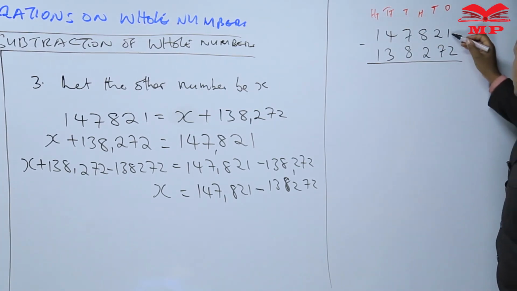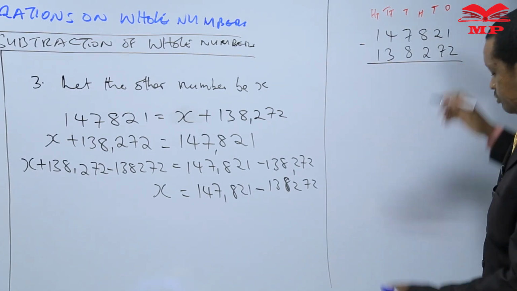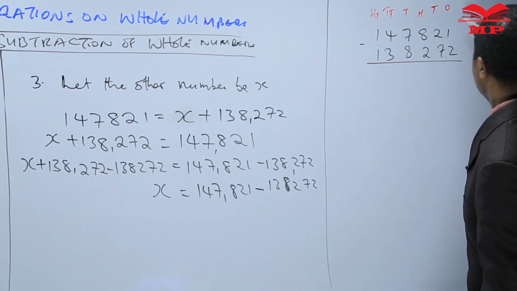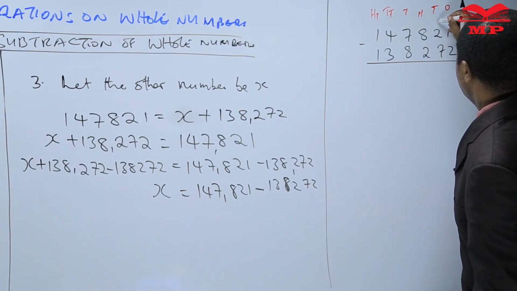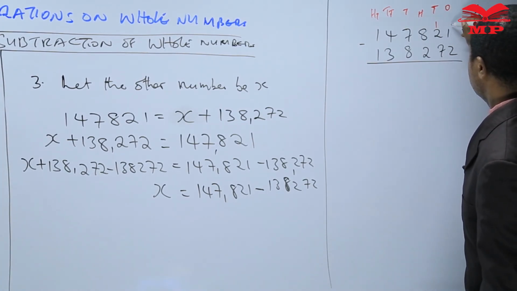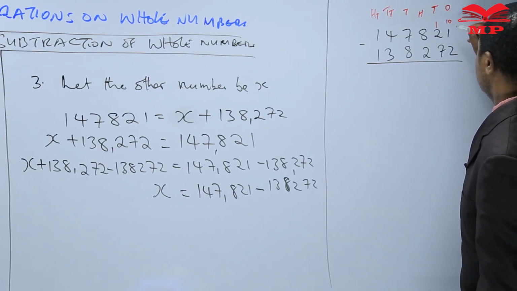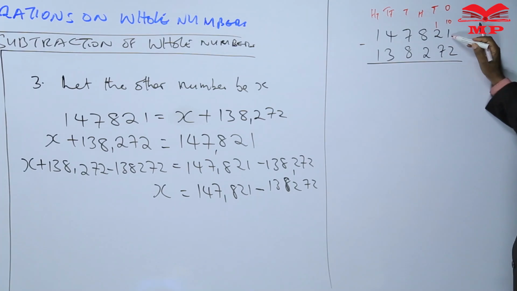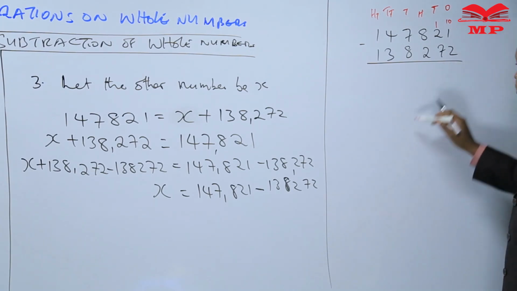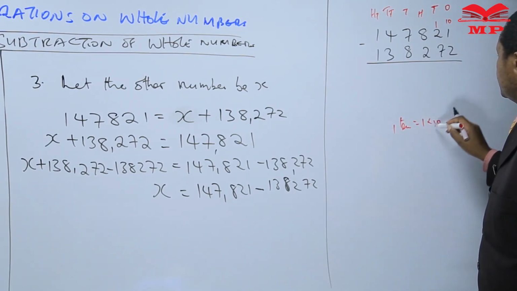So 1 minus 2 is not possible. Borrow from the tens. When you borrow, you remain here with 1. When you borrow, you take to the ones. 1 ten is equal to 1 times 10, which is equal to 10.